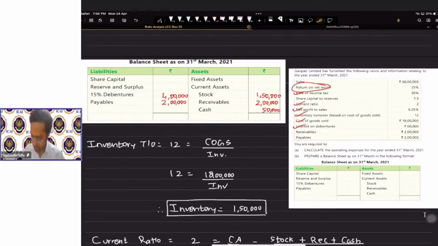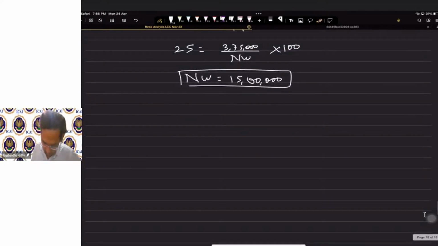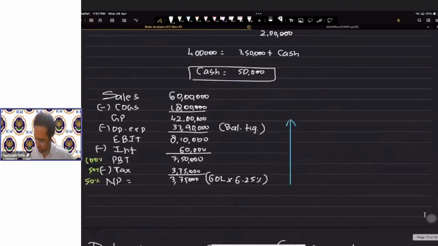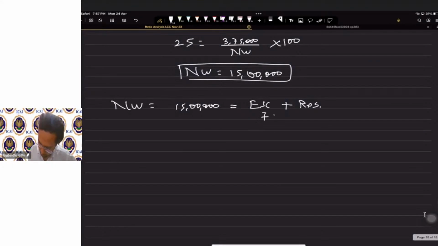Now we have this ratio of share capital to reserves. So we understand that net worth of 15 lakh is equal to equity share capital plus reserves. But then this equity share capital and reserves are having a ratio of 7:3. This 15 lakh needs to be distributed in the ratio of 7:3.